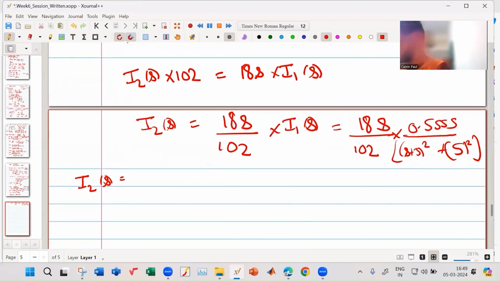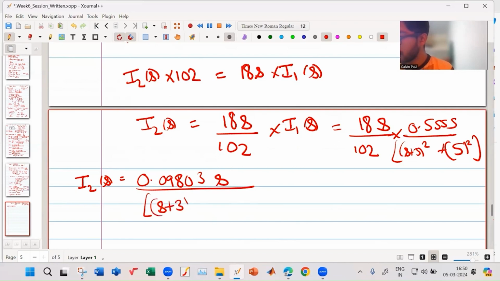So what is 18 into 0.555 divided by 102? It comes to be of this form.